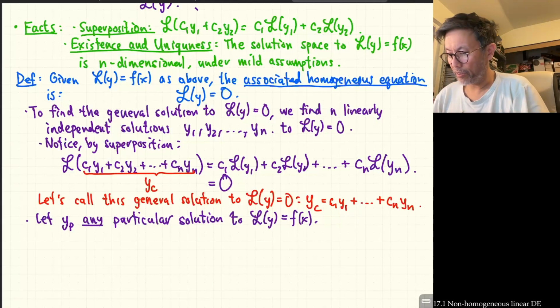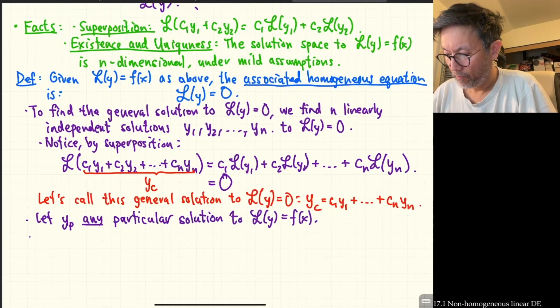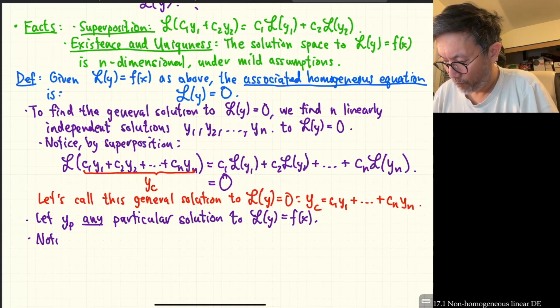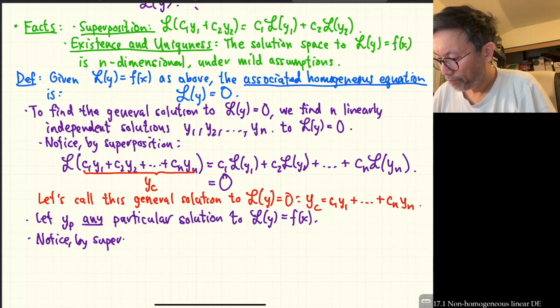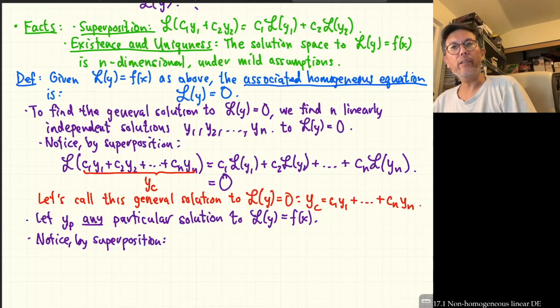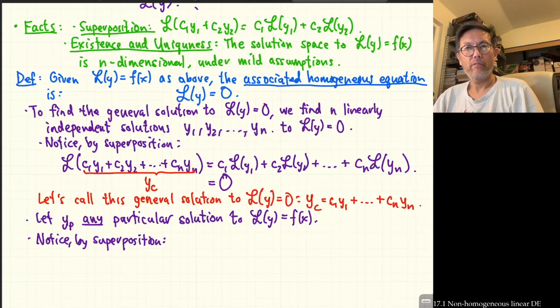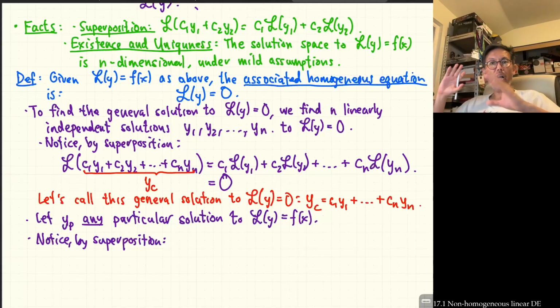Then please notice, by superposition again, if we take y sub p and add it to y sub c, the complementary solution, I keep calling it y sub h because in my head it's homogeneous.